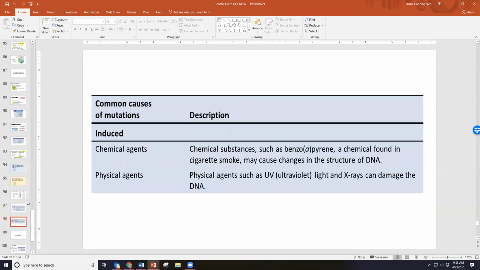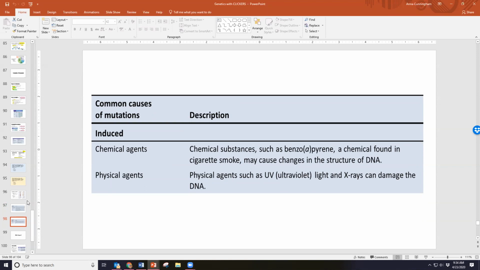Those are just spontaneous things that happen in the body that could cause mutations. You can also have environmental factors lead to chemical mutations. We typically classify environmental factors into two categories, chemical agents and physical agents.